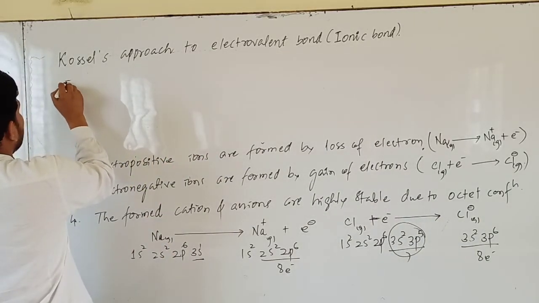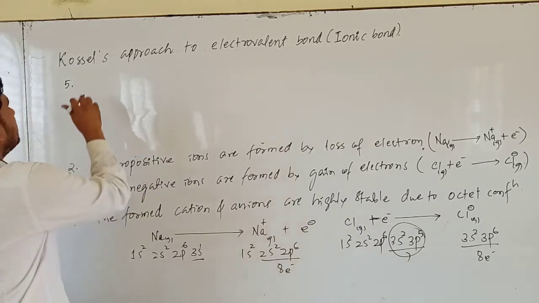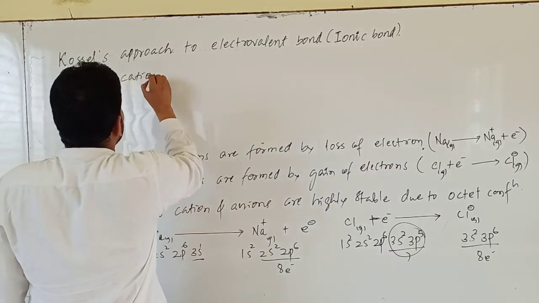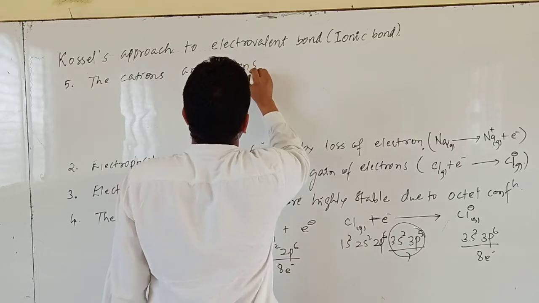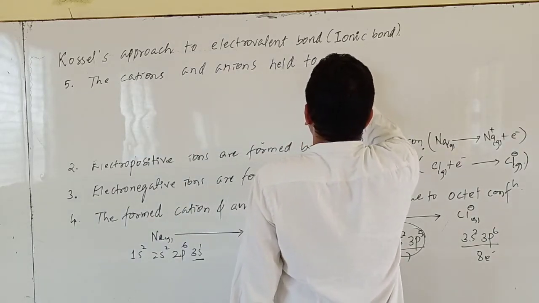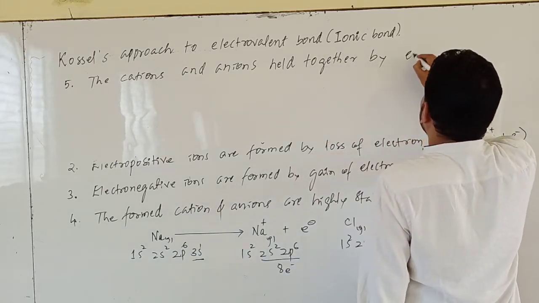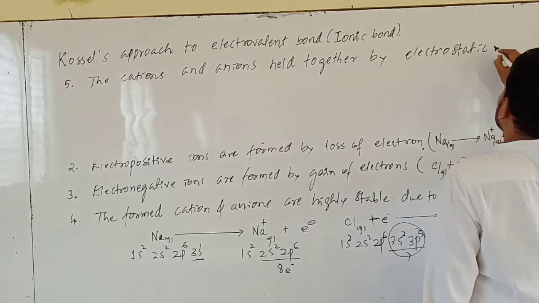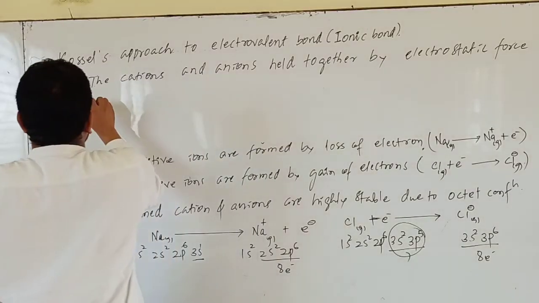And the fifth postulate given by Kossel is that the cations and anions are held together by electrostatic force of attraction.